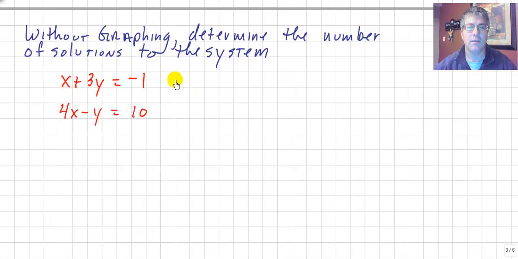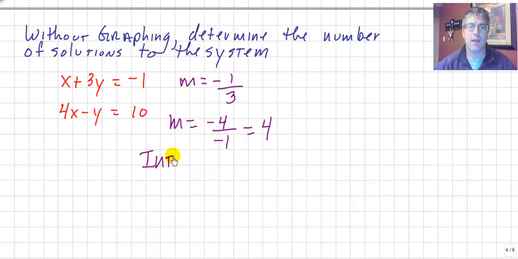So let's just take a look at this. These are both in standard form. So the slope of this first particular problem is the opposite of A over B. So it's negative 1 over 3. The second one has a slope of opposite of A over B, negative 4 over negative 1 equals 4. Well, we have different slopes, so we know that we have intersecting lines.